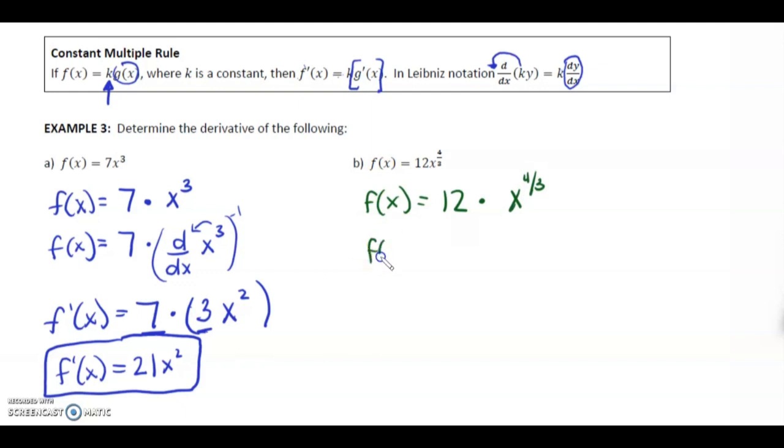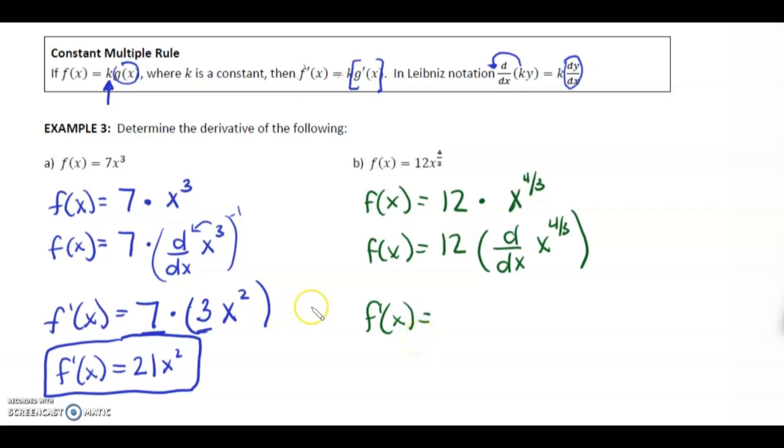So we're going to bring down the 12, nothing's happening to it, and we're going to find d by dx of x to the 4/3. So f prime at x equals, keep the 12, times this 4/3 is going to come down in front of the x.